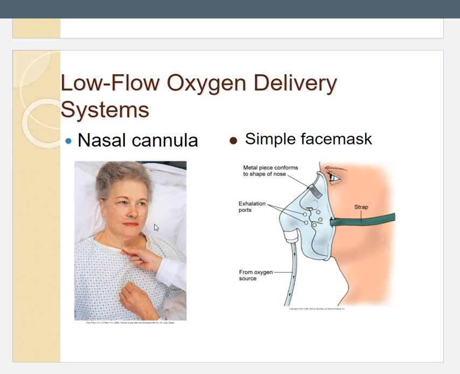But remember again, we provide very low flow to our patients with COPD. This is a very frequent means of oxygen therapy for our patients who have COPD, patients who need long-term therapy, patients who retain CO2, usually never higher than 2 or 3 liters, because again, we don't want to lose that hypoxic drive.